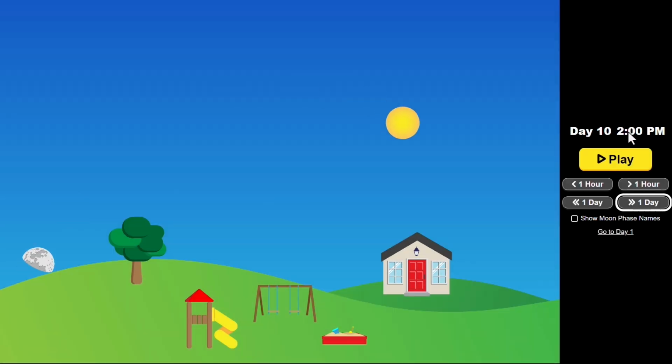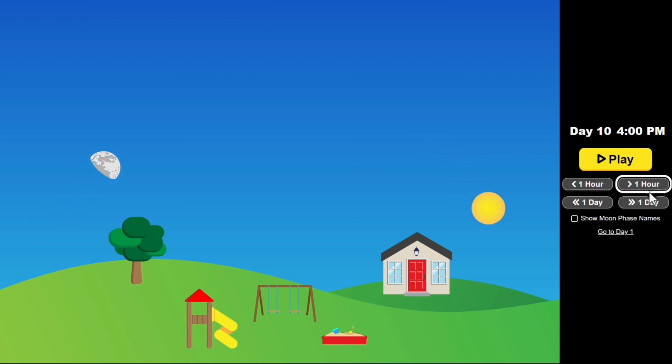It's the exact same 2 p.m. It's further away. Let me switch a few hours. Now, I'm going to go to 4 p.m. of the next day. The moon is getting further and further away. You see, the sun is here, but the moon is yet to rise. Let's say I shift by 1 more hour.